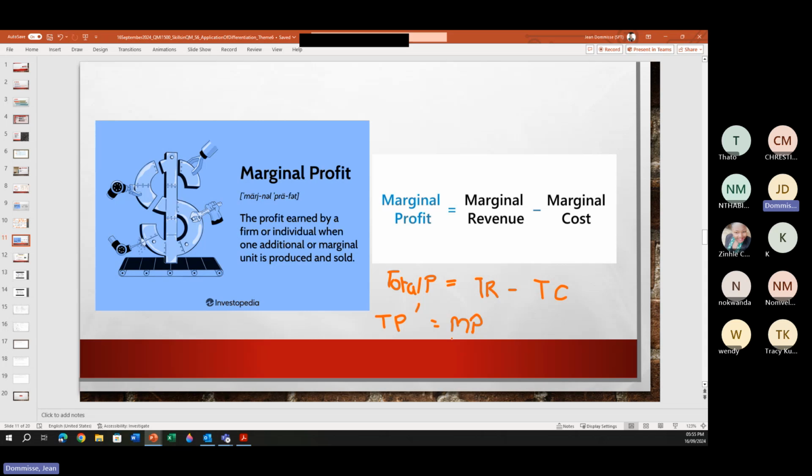So there are slight differences in how to get to those answers. And I think why it is important is that sometimes they give you total revenue and total cost, and sometimes they give you marginal revenue and marginal cost.